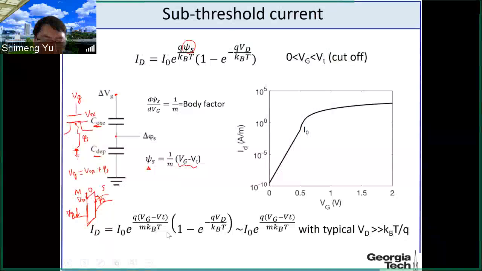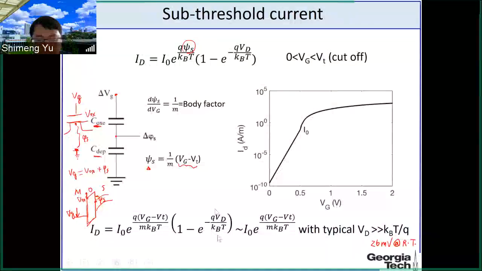So in this equation, you will say you have this Vd, the drain voltage, but in practice, the drain voltage is typically much larger than this kBT over q, that is the thermal voltage. At room temperature, you know this is 26 millivolts. So typically your drain voltage can be larger than that.